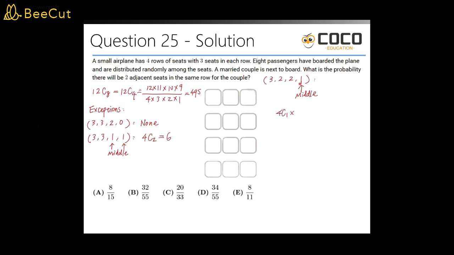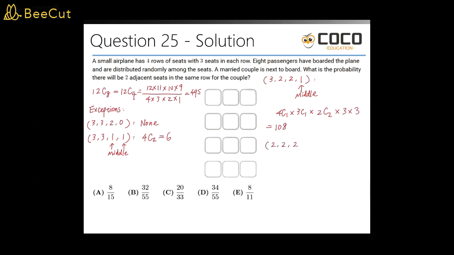Then we choose which row has 1 passenger, that's 3C1. After that, the remaining 2 rows have 2 passengers. For a row with 2 passengers, we have different arrangements: the first 2, the first and the third, or the second and the third. So each of those has 3 different arrangements, so times 3 for each of them. Altogether, this is 108 ways.